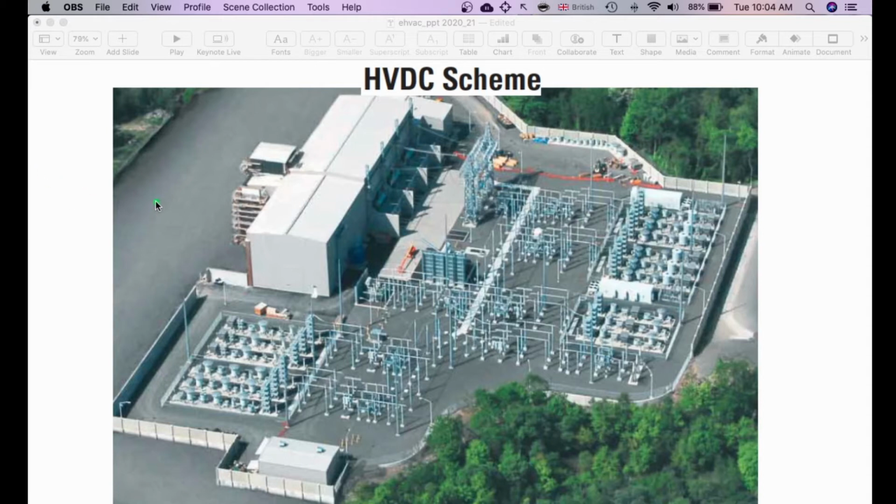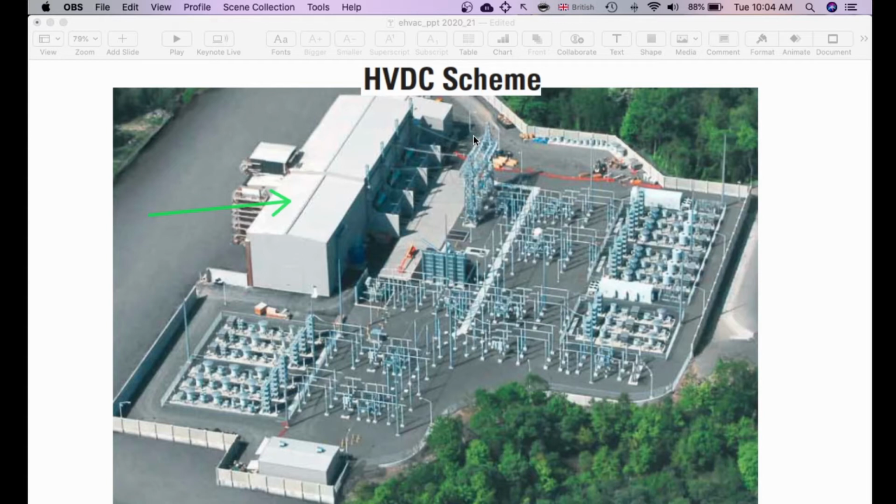First and foremost, in the HVDC scheme, you will realize that the major components are housed inside the building. They are in the form of converter, that is AC to DC converter, or DC to AC converter. If this station is a sending end, it will have a rectifier at this end.